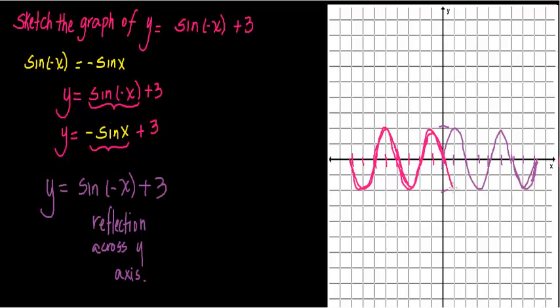I can continue on this side. And notice how I've created the same curve that I created in the previous example, where anything that was above the x-axis is now below the x-axis. So a reflection across the x-axis and a reflection across the y-axis for this sine function looks identical.